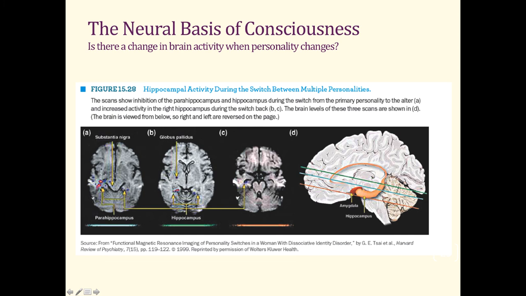So basically a nearby area to the hippocampus called the parahippocampus, as well as the hippocampus, become inactive when the switch happens from the primary personality to the alter personality. And then when it switches back to the primary, there's actually an increased activity in the right hippocampus during that return to the primary personality.